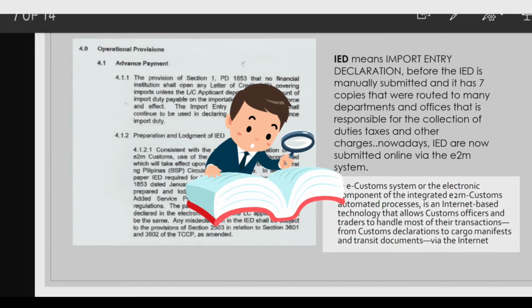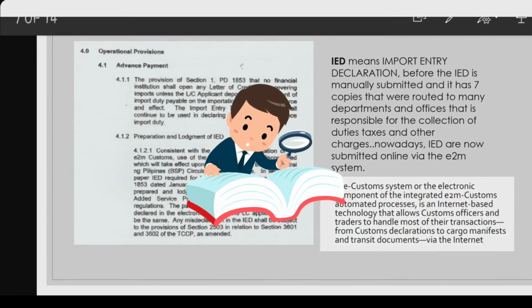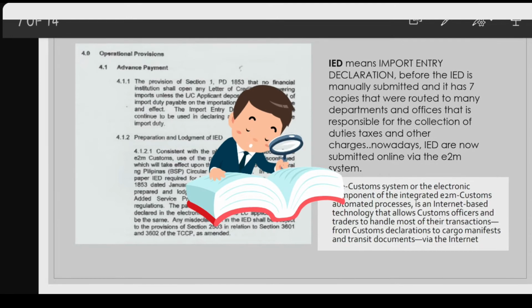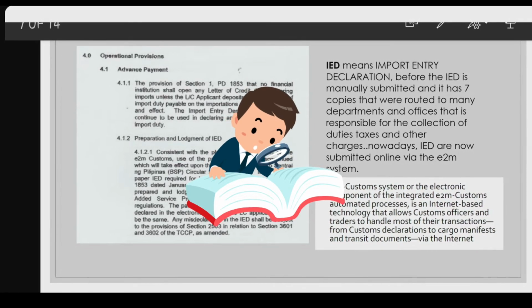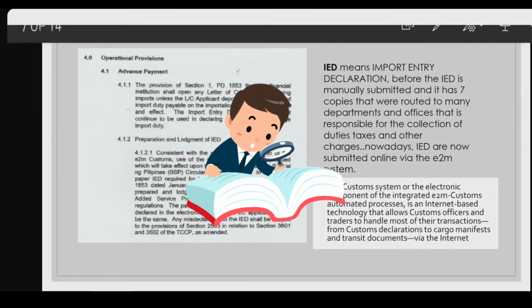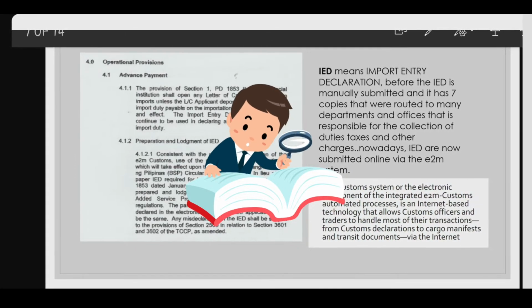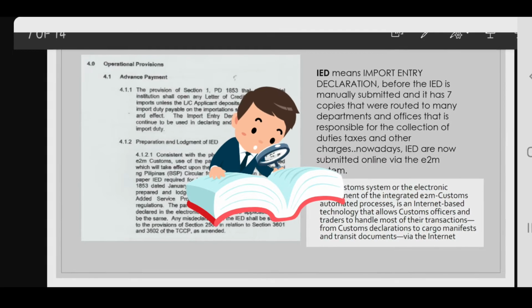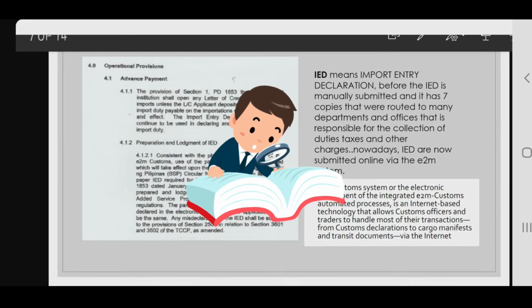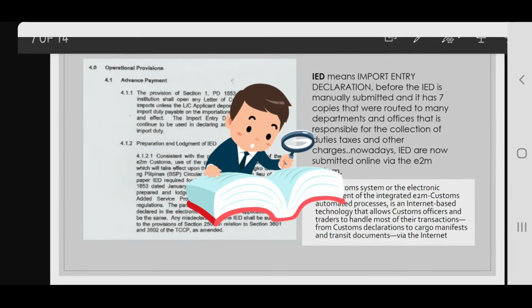But now, all the preparations and lodgements of the import entry declarations are all being done electronically. So there are no other regulations that are being used aside from that. So we just need to follow the CMTA guidelines, rules, and regulations.